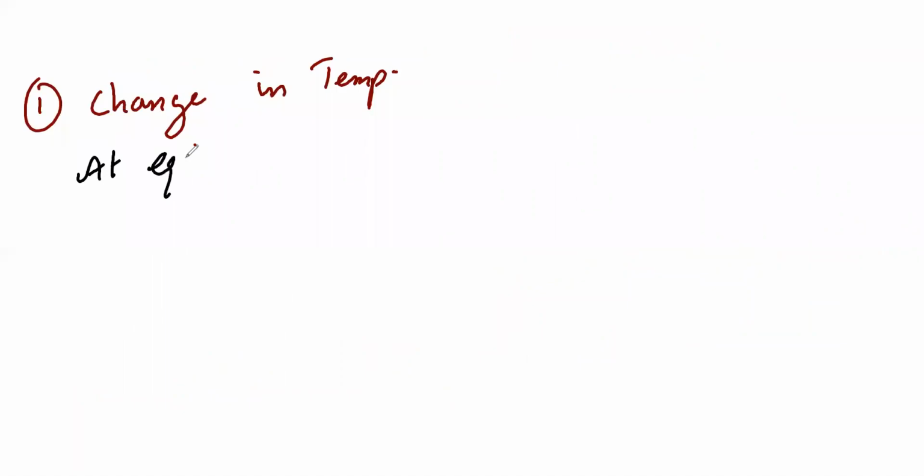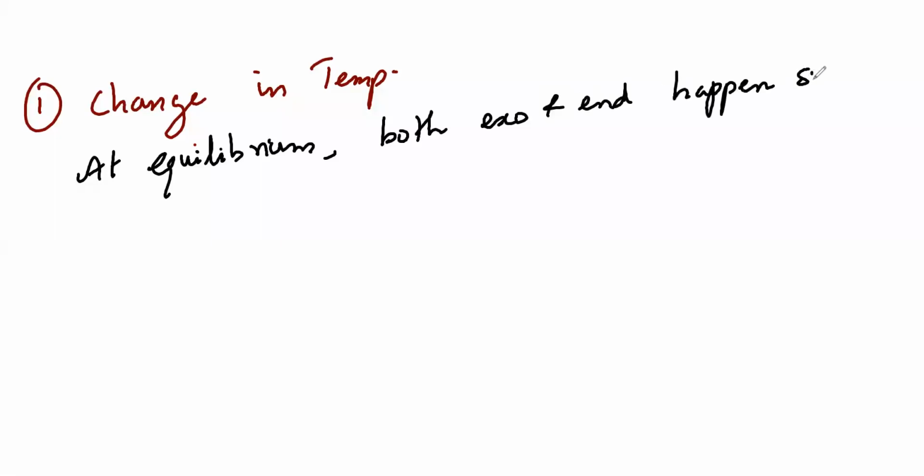There are only three factors which lead to a change in equilibrium. The first one is change in temperature. Suppose it is at equilibrium. We know that both endothermic and exothermic reactions happen simultaneously at equilibrium.